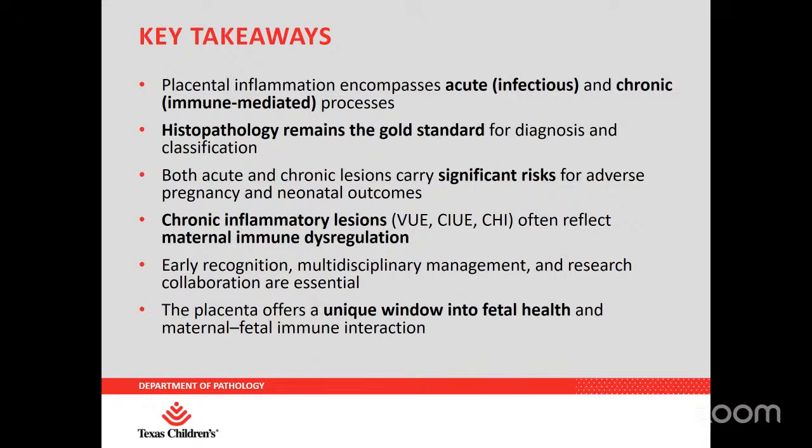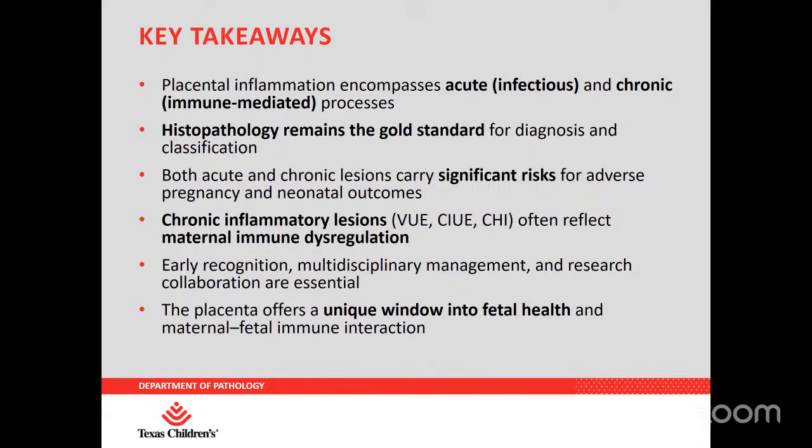Placental inflammation offers an extraordinary window into maternal fetal immunology, revealing both the timing and the nature of injury. Acute lesions reflect infection and its route of spread, while chronic lesions uncover breakdowns in immune tolerance at the maternal fetal interface.